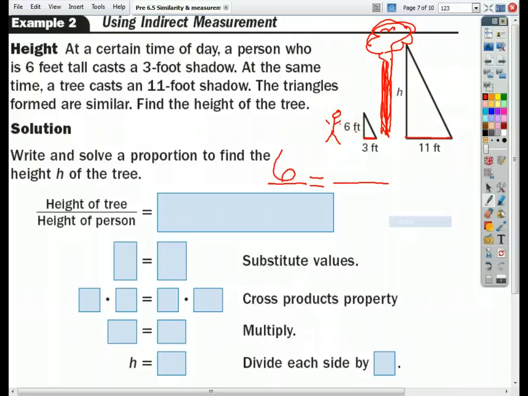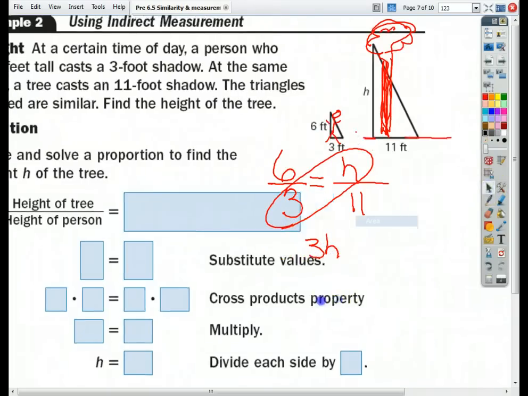Oh, wow, that's majority. Okay, 6 to 3 equals, is it 11 to H or H to 11? H to 11. Right, H to 11, because we've got the height on the top, so the height has to be on the top here. The shadows are on the bottom. Do your cross products. 3H. I'm going to move this out of the way.